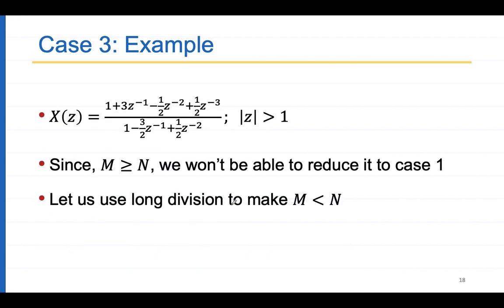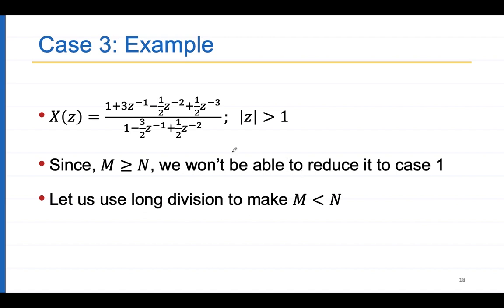Okay, case 3. Now look at this example. What happens here is that I cannot factorize it in terms of two terms. The reason being my numerator has z to the power minus 3, degree 3, but the denominator degree is 2. Since M is greater than or equal to capital N, we won't be able to reduce it to case 1. So what do we do?